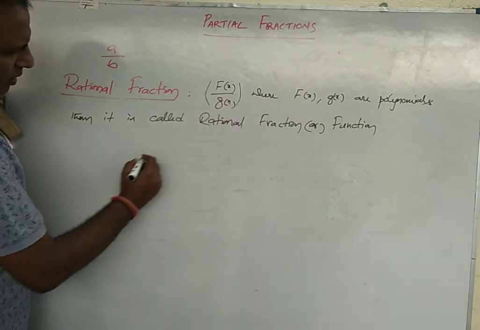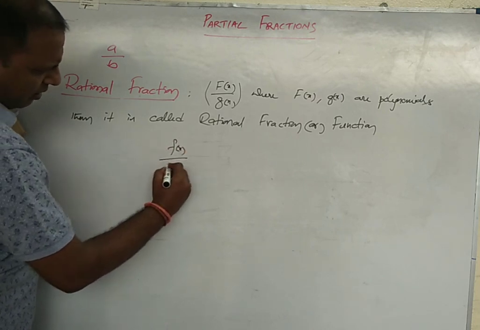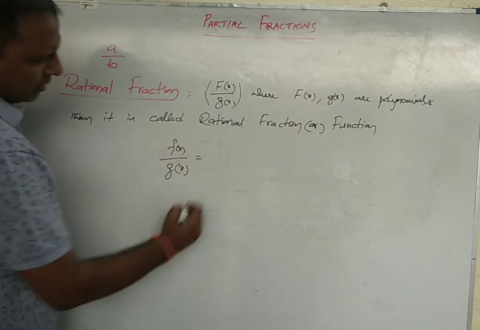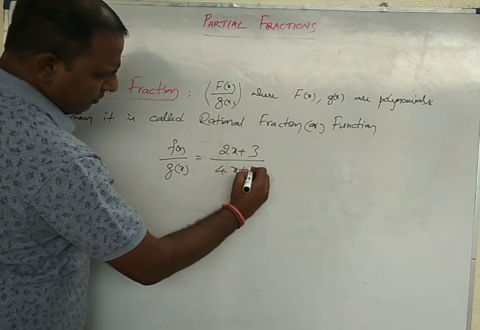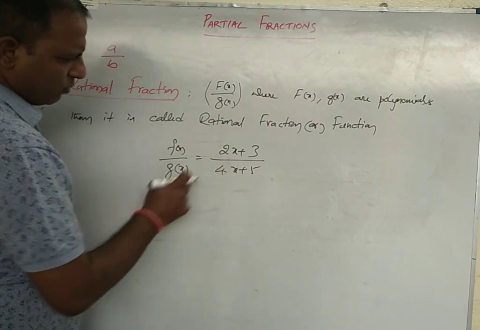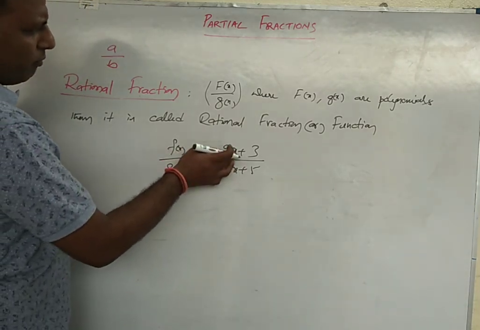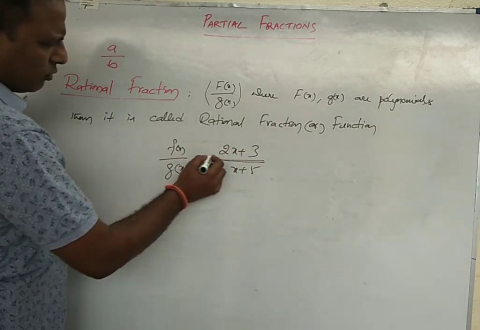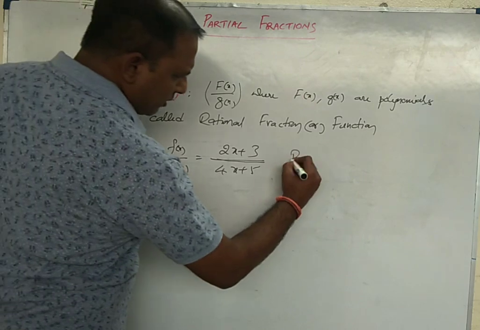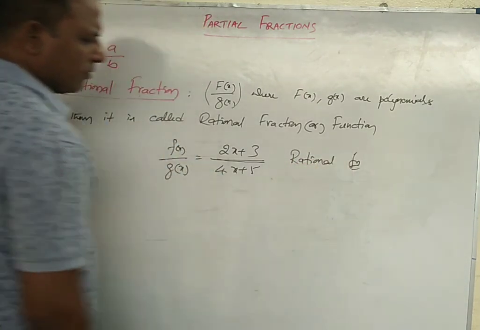If I consider f of x by g of x as 2x plus 3 by 4x plus 5, the degree of each is 1, so these are two linear polynomials, and the ratio we call a rational function, or rational fraction.